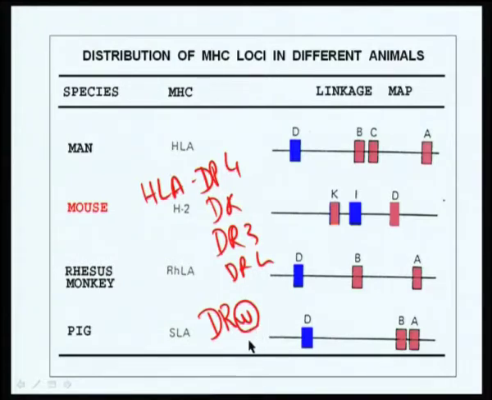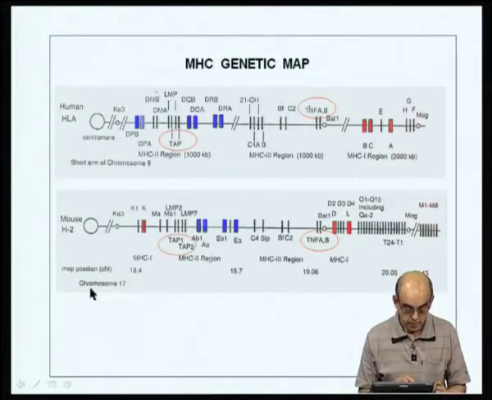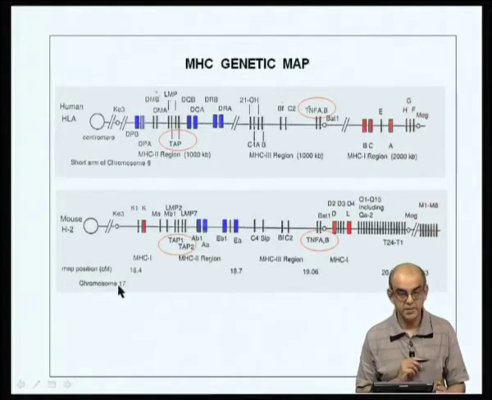When it is established by different immunologists all over the world, they drop the W and it becomes a definite specificity like DR3, DR4 and so on. So, looking at the genetic map of the human and mouse MHC complex, you have the human HLA being found on the short arm of chromosome 6 and mouse H2 found on chromosome 17.